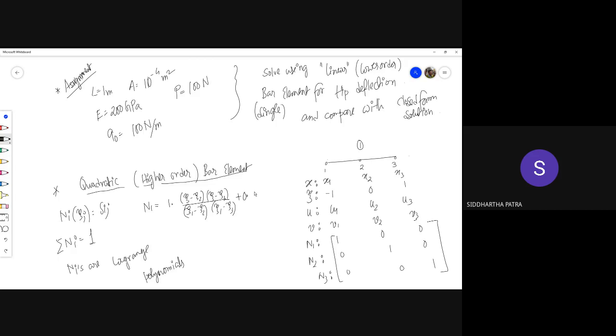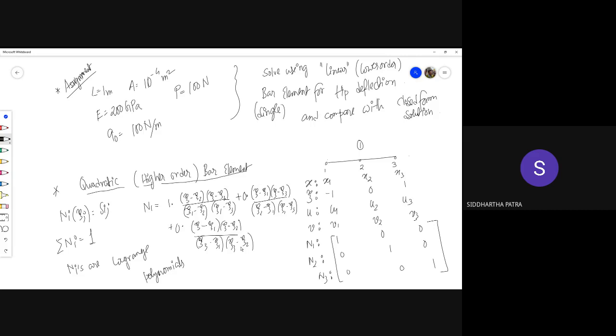So the next one is 0 times, you would substitute for xi2: (xi minus xi1)(xi minus xi3) divided by (xi2 minus xi1)(xi2 minus xi3), and then the last one is 0 times (xi minus xi1)(xi minus xi2), substituting for the value at xi3, divided by (xi3 minus xi1)(xi3 minus xi2).